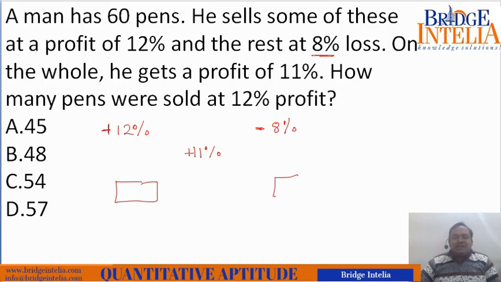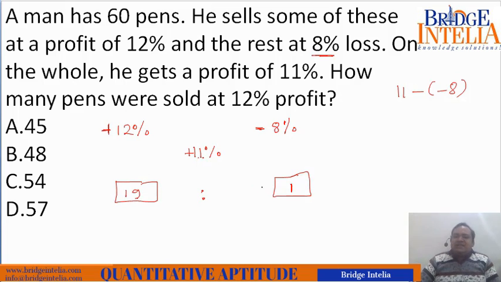So before finding the actual value, let's find the ratio. So let's apply the crisscross method. Difference between 12 and 11. What is the difference? Difference of 1. So write 1 here. What is the difference between 11 and minus 8? So 11 minus 8, this is the difference. So 19.